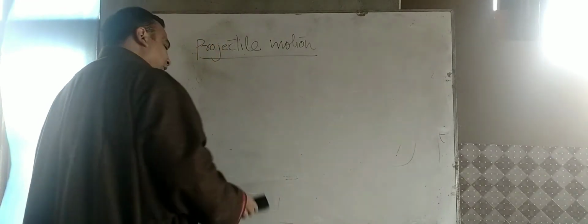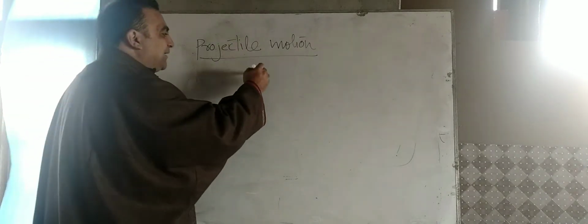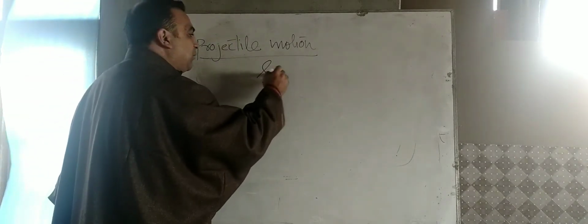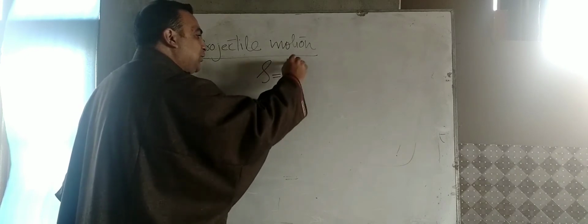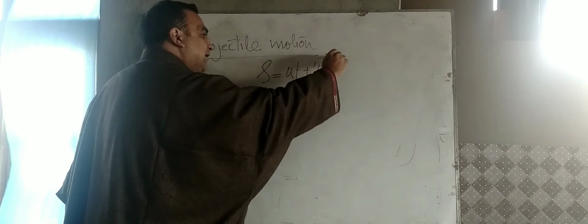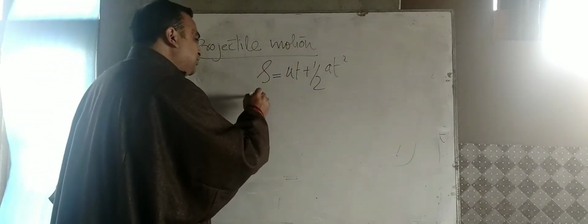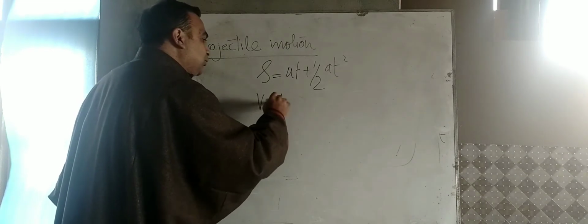We are already aware of one-dimensional motion, and we understand the equations of motion in one dimension. S is equal to ut plus 1/2 at squared. This equation gives us displacement. Another equation is v is equal to u plus at.